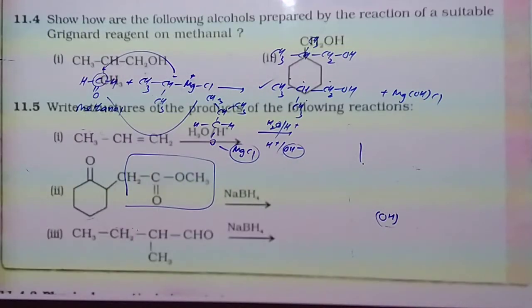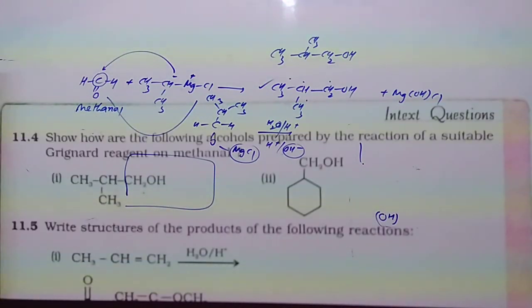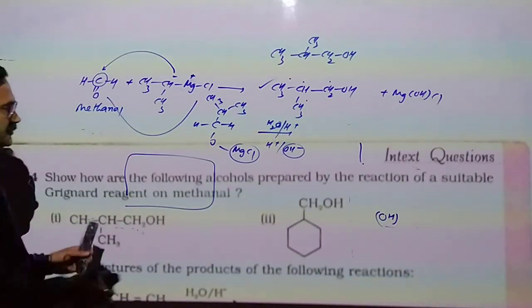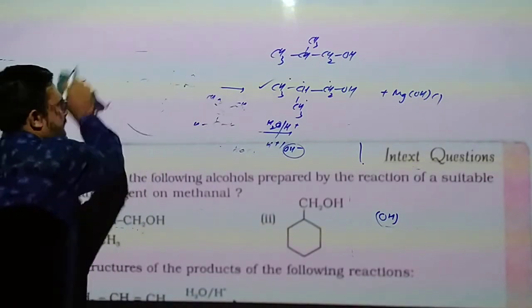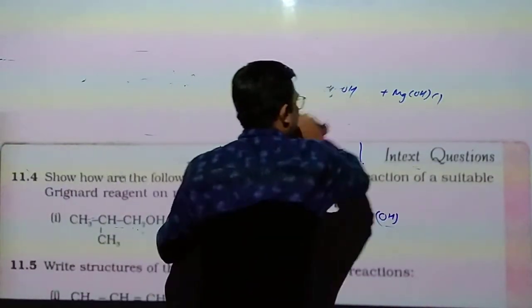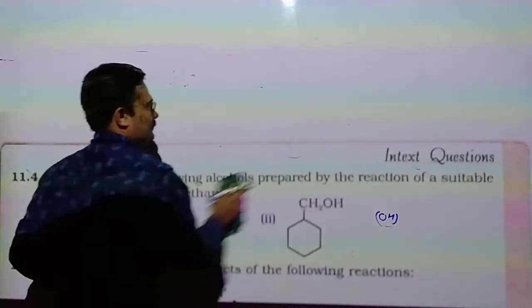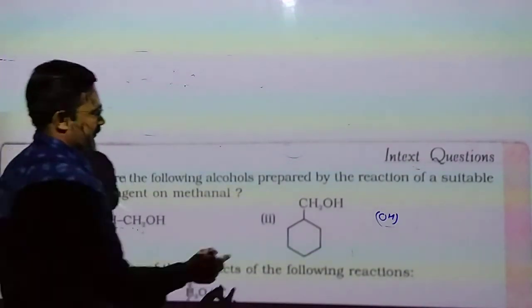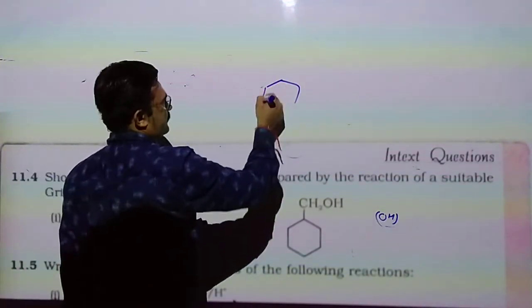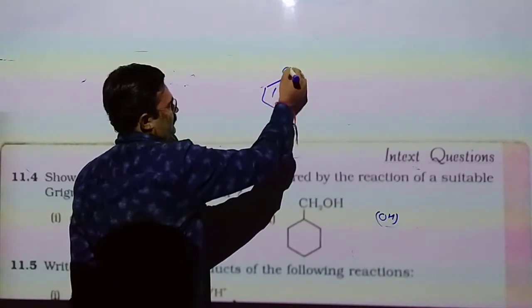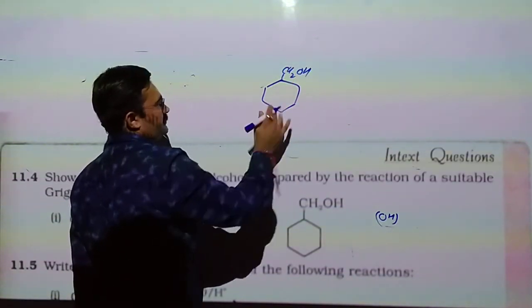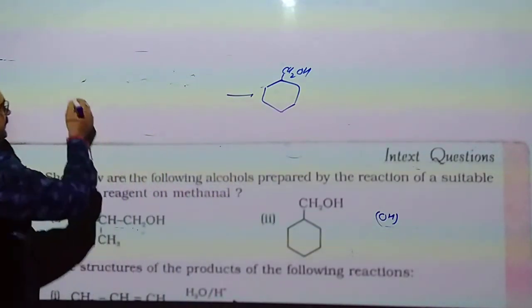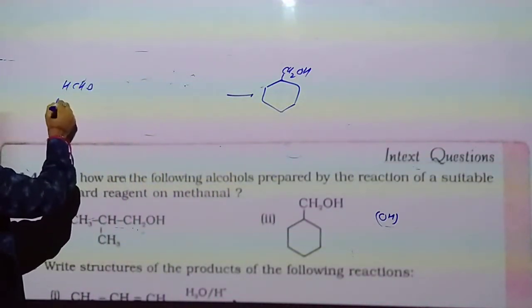Now what about the second question? To make cyclohexane methanol, this is our product. Not benzene, cyclohexane. The reaction starts with methanol.